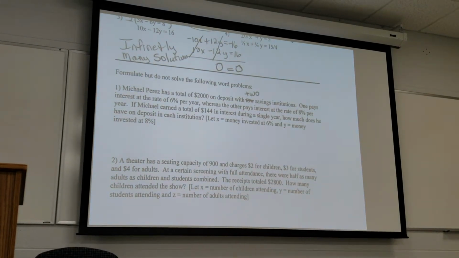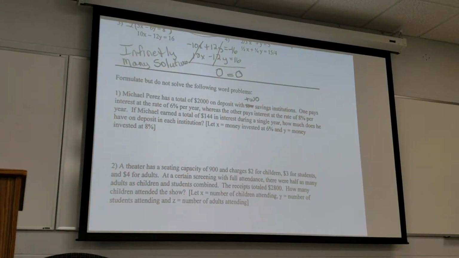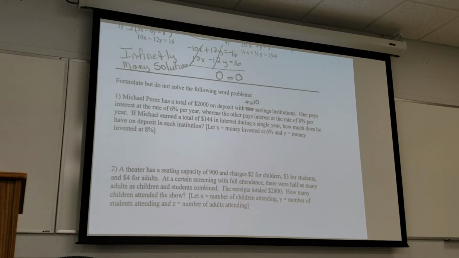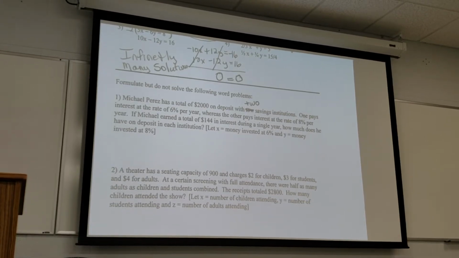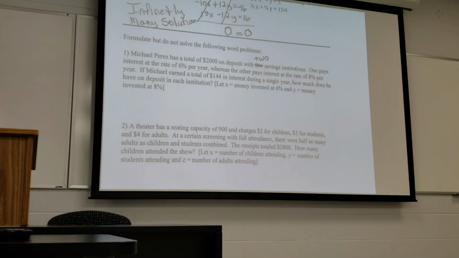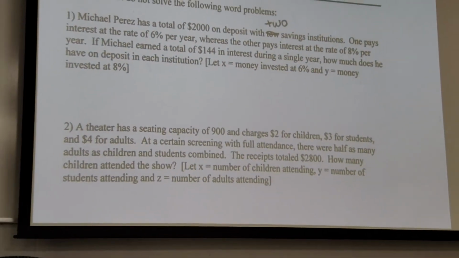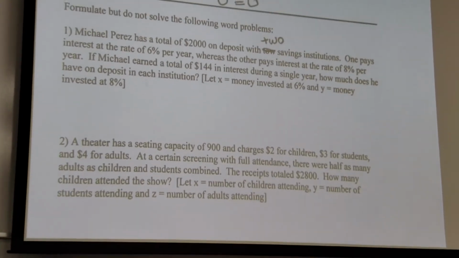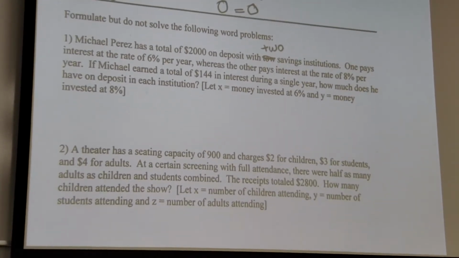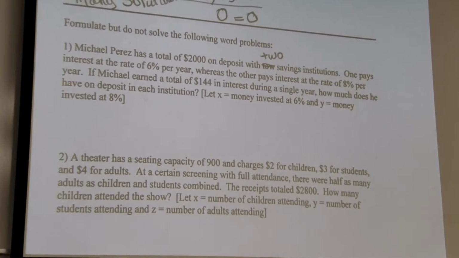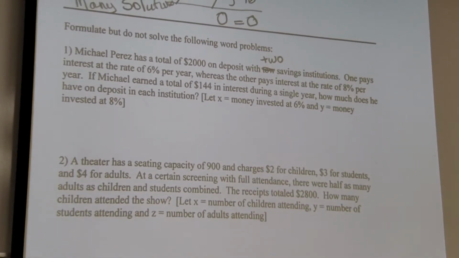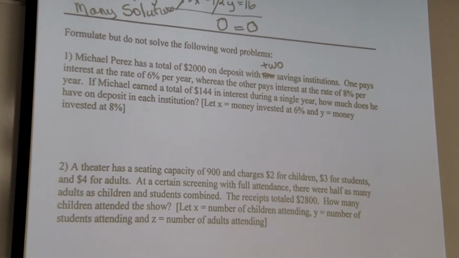Has a total of $2,000 on deposit with 2 savings institutions. One pays interest at 6% per year, whereas the other pays interest at the rate of 8% per year. If Michael earned a total of $144 in interest during the single year, how much does he have on deposit in each institution?